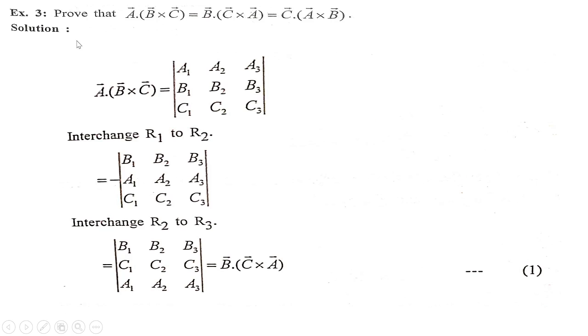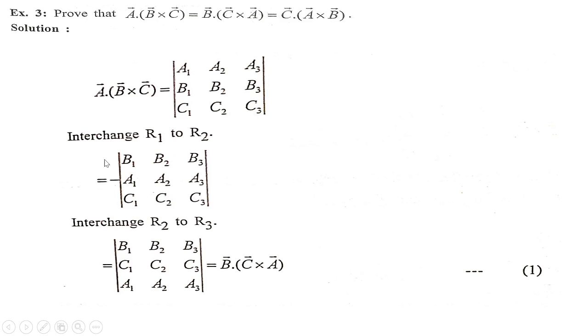Now next, prove that a bar dot b bar cross c bar equal to b bar dot c bar cross a bar equal to c bar dot a bar cross b bar. Now see, in this example we have proved this a bar dot b bar cross c bar. So taking a bar dot b bar cross c bar equal to the determinant of a1 a2 a3, b1 b2 b3, c1 c2 c3.